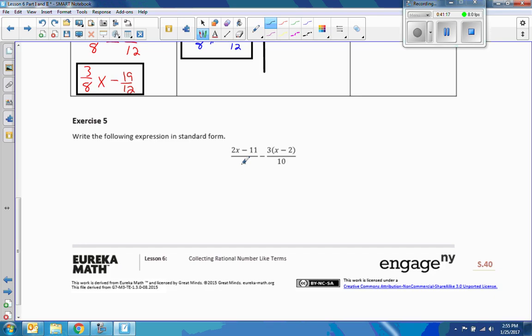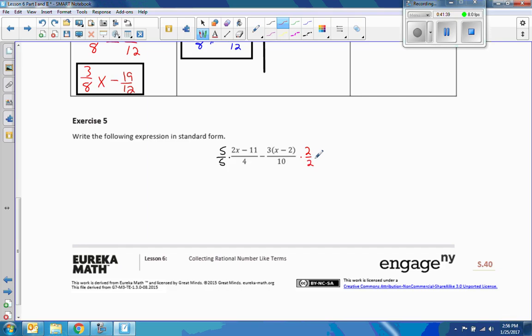So what I'm going to do is get a common denominator, and it's going to be 20. 4 will go into 20 five times. So this time I'm going to show what I'm doing. Multiplying the left by 5 over 5, which is 1, and multiplying the right by 2 over 2.